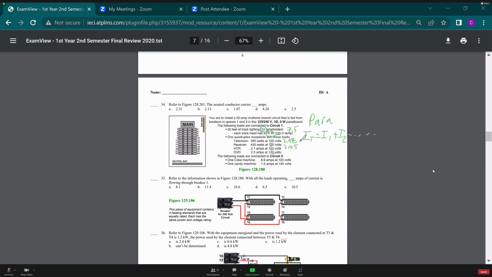And then the VCR and DVD are exactly the same, as they are rated. We take 3.75 plus our 2.92 plus our VCR 2.1 plus DVD 2.3 plus that track light, which is 7.5.